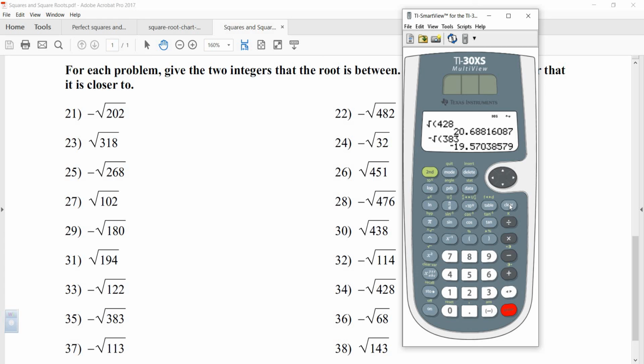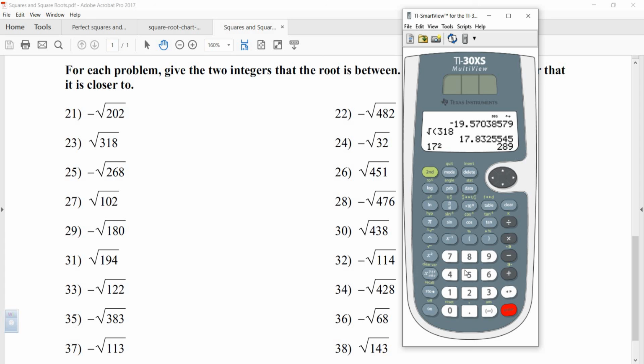All right, what about 318? So if I did the square root of 318, what do I get? I get 17.83. So it's between 17 and 18, right? But it's closer to 18. Again, if I did 17 squared, I get 289.